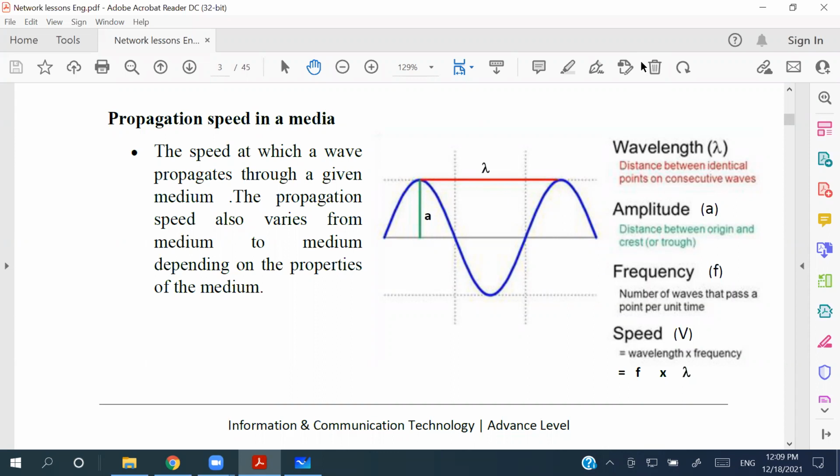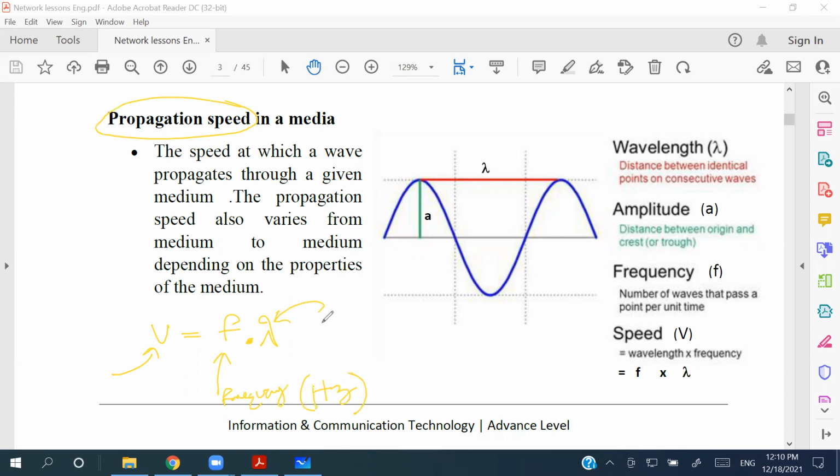This is something familiar to you. In grade 11, you were supposed to learn a particular equation called what? V equals F lambda. And we are going to describe it here as well. V is the propagation speed. F indicates the frequency, measured in hertz.